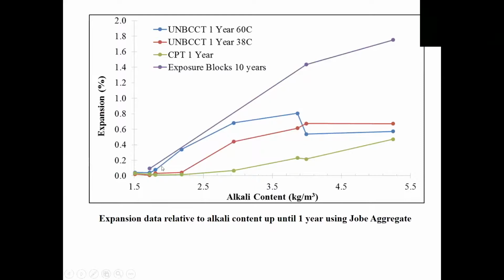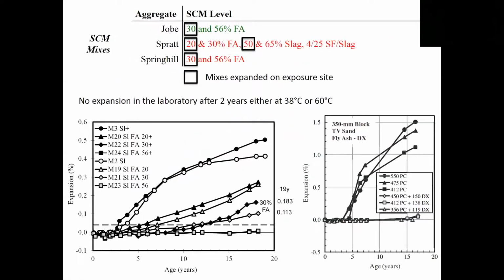It's not capturing yet the expansion at very low alkali contents. It's certainly doing a lot better than the concrete prism test. We're hoping that beyond 1 year, the line at 38 will show expansion at these lower alkali contents. In fact, that data is due very soon, so I'll keep you posted on that one.